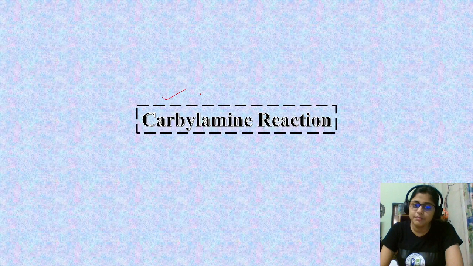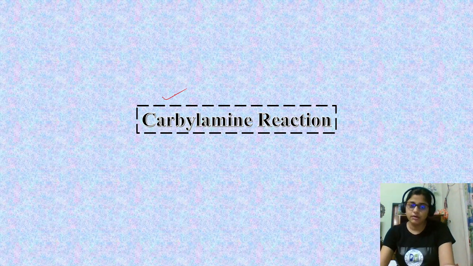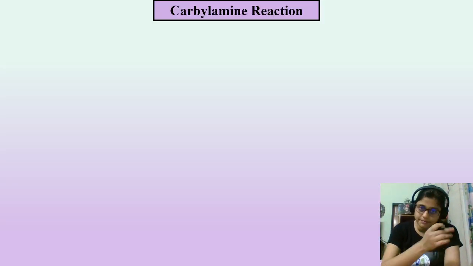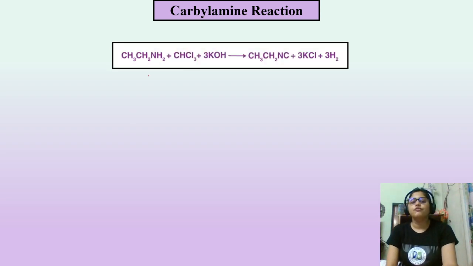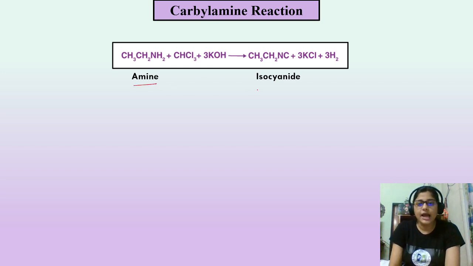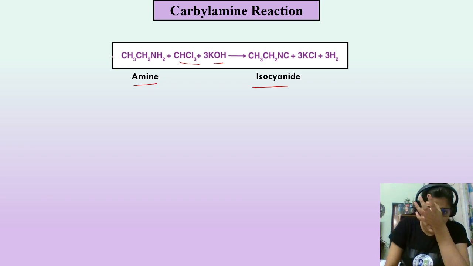Now the carbylamine reaction. This is also one important reaction. By seeing the mechanism we know that this goes by the formation of the carbene. So what is the carbylamine reaction? It is simply when an isocyanide is formed from an amine, again with CHCl3 and KOH present. If you are confused, just see the reactant.